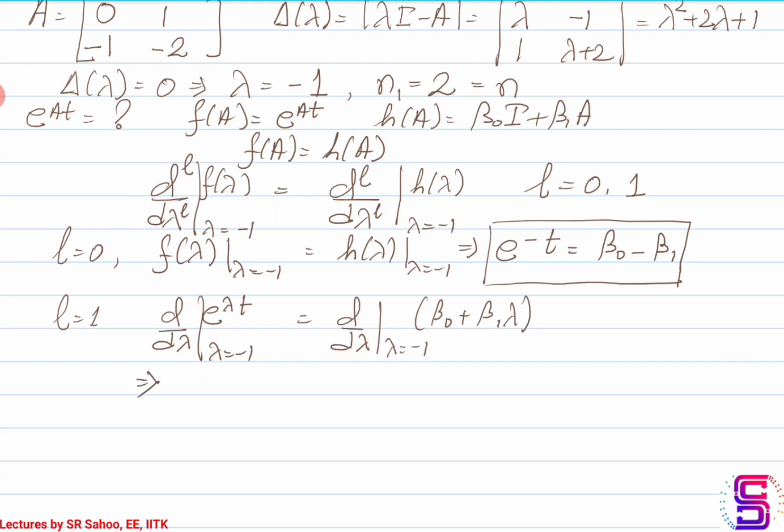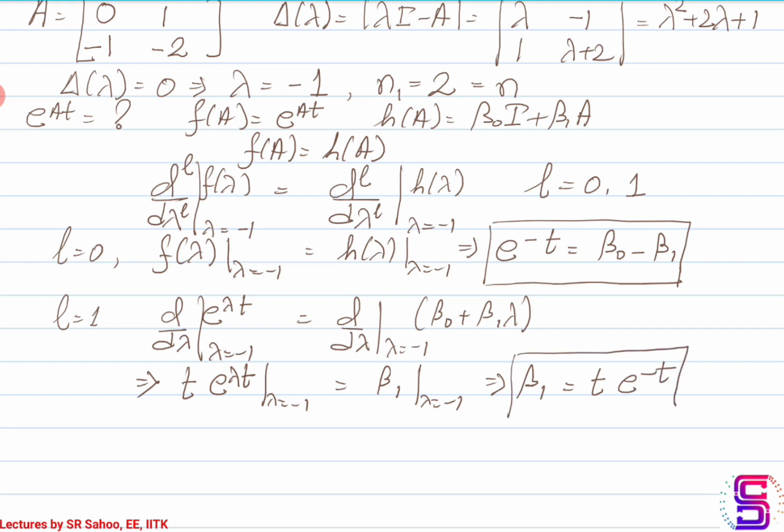Now this is essentially t e power lambda t evaluated at lambda equal to minus 1 should be equal to beta 1. Beta 0's derivative with respect to lambda is 0, so you only have beta 1. So what you essentially get here is beta 1 equal to t e power minus t. So this is your second equation.